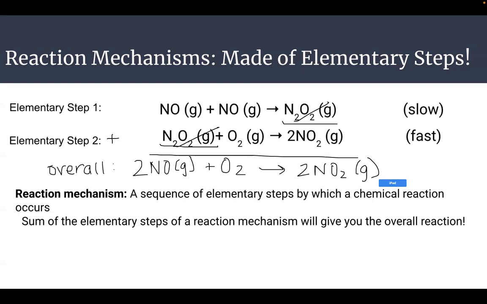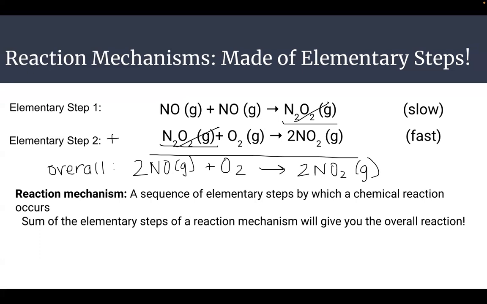So when we have an overall reaction of 2NO reacting with O2 to produce 2NO2, just like I talked about on the previous slide, this overall reaction doesn't just happen as written. It actually happens in a series of 2 steps. Those 2 steps, when combined together, form our overall reaction. Our 2 elementary steps, part of our reaction mechanism, can be added together to find our overall reaction.